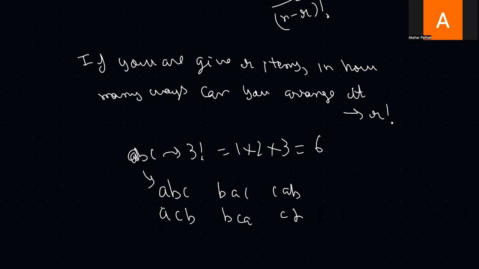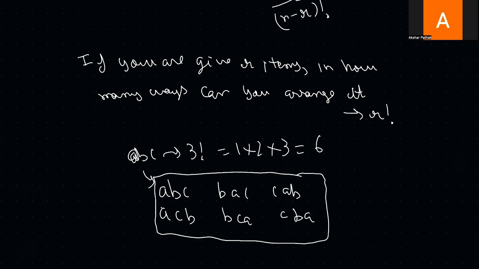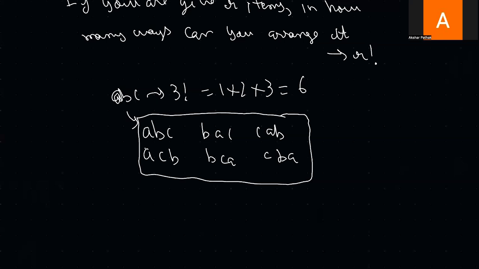So there are a total of 6 ways to arrange it. Similarly for ABCD, how many ways are there to arrange this? It's 4 factorial, which is 1 into 2 into 3 into 4, equal to 24.